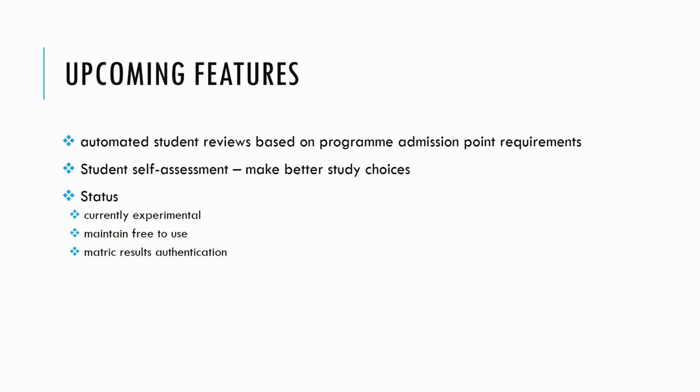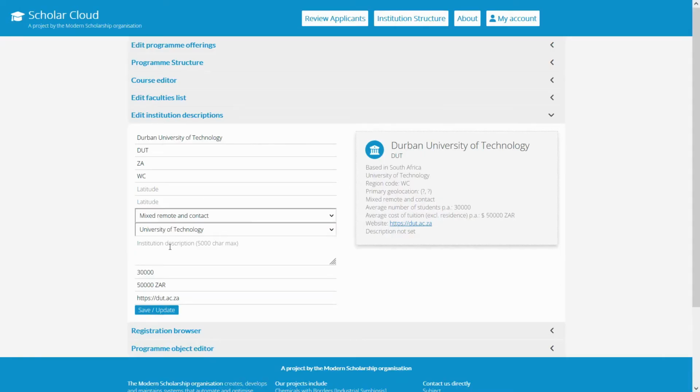We are currently working out a self-assessment method, the result of which is a suggested list of programs that the students should apply to. Third, institution pages will be added for institutions to add more information about themselves and the programs they offer. This is partially implemented already.